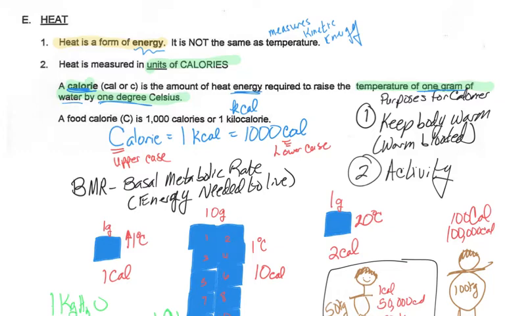And if it was a hot day, and it was already 25 degrees out, and we needed to warm the body up to 30 degrees Celsius, that's only 5 degrees Celsius change. That same 100 kilogram person would only use 500 calories to keep their body warm. So as you can see, a cold day makes you burn more calories than a hot day, and being larger also burns more calories.